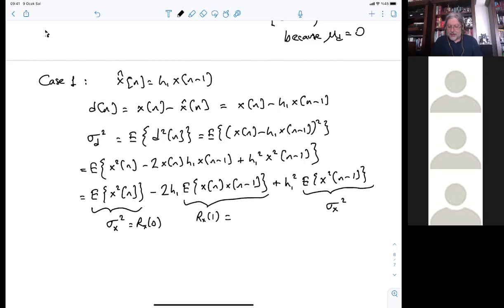The autocorrelation at time lag value of 1 is usually notated in a simpler format as the autocorrelation at value 0, which is sigma x squared, or Rx0, times some coefficient.